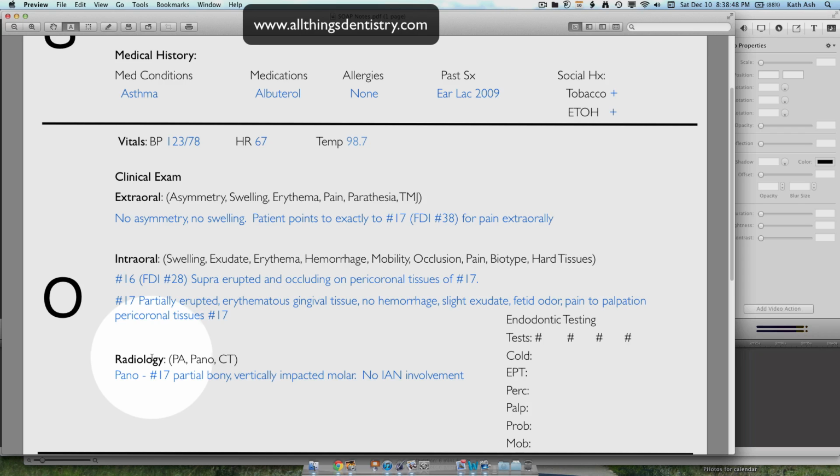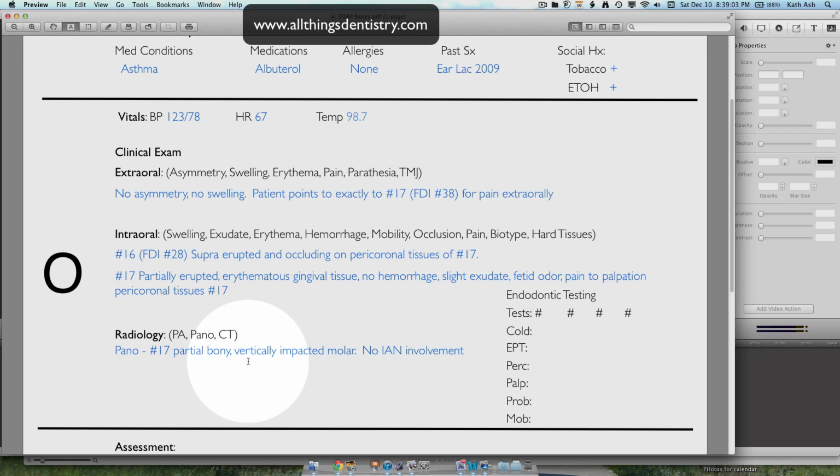Continuing with objective, we've got radiological assessment. In dentistry, you typically have a periapical radiograph, a pano, and maybe a cone beam. You could also have other radiographs, Waters, Towns. Furthermore, I mentioned earlier that I use this also for endodontics.